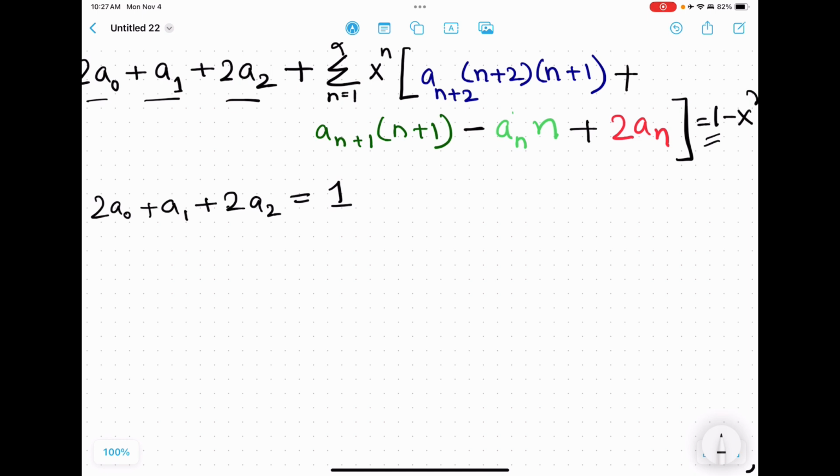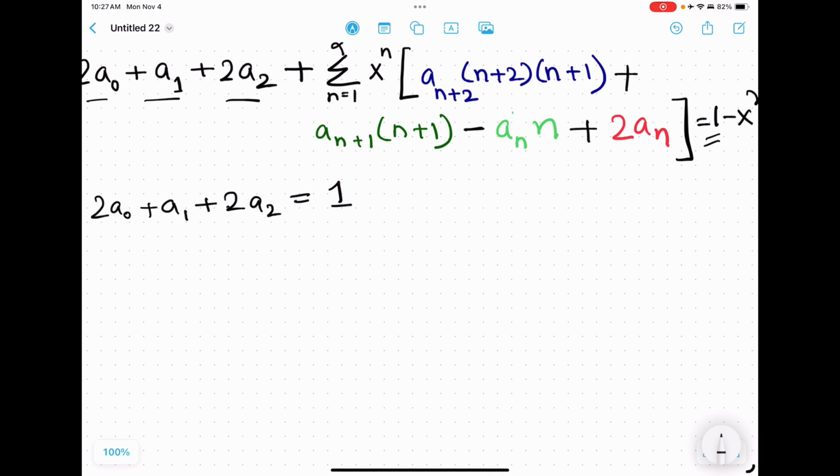Now, we don't know either of these 3 values, right? We don't know the value of a sub 0, we don't know the value of a sub 1, and we don't know the value of a sub 2. And in our main differential equation, we are not given any initial value either, okay? So since we are not given any initial values, that means I will have arbitrary numbers. And how many of these 3 would be my arbitrary numbers? Well, it depends on the order of my differential equation.